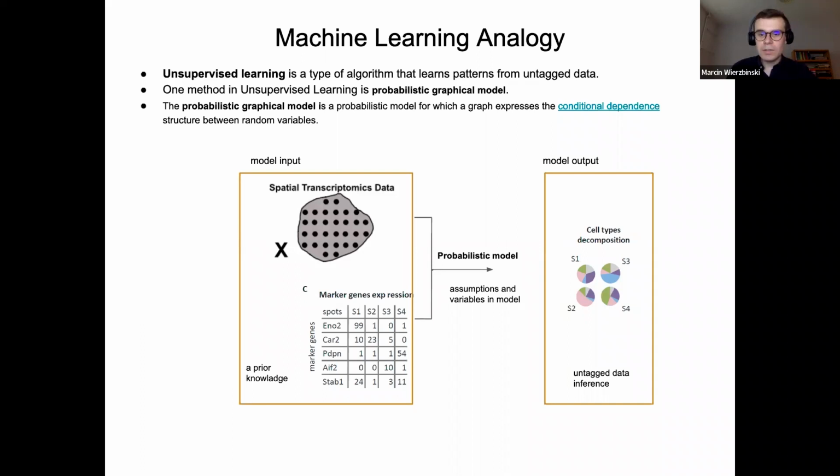One possible method to solve this problem is a probabilistic graphical model, which means that we have a certain graph structure that can encode the dependency between our random variables. I will discuss in this presentation how we can express those problems in a probabilistic graphical model.